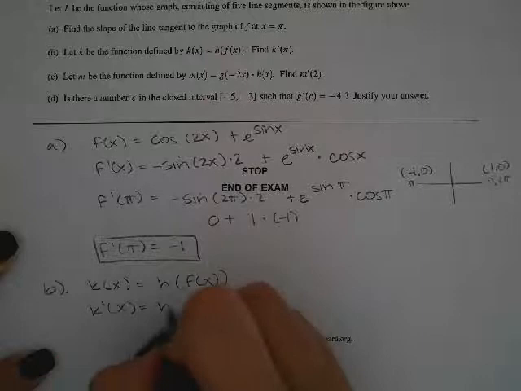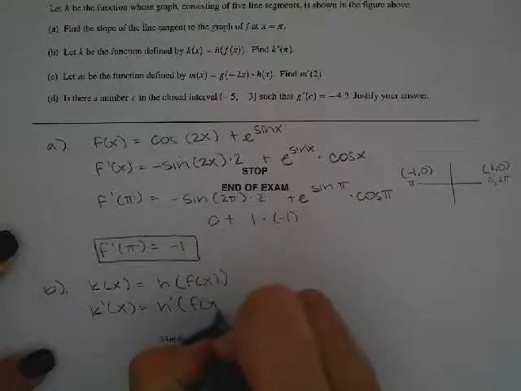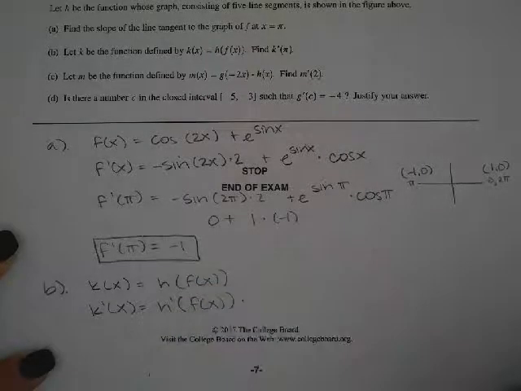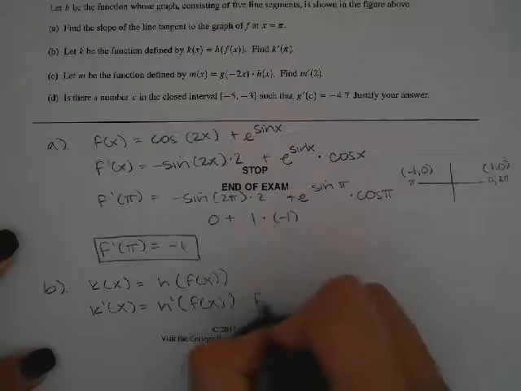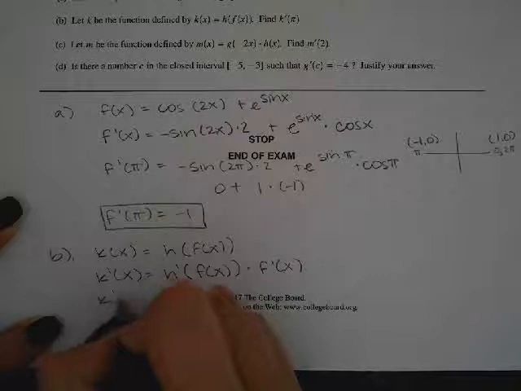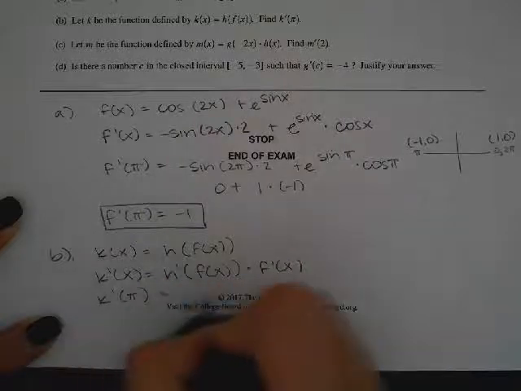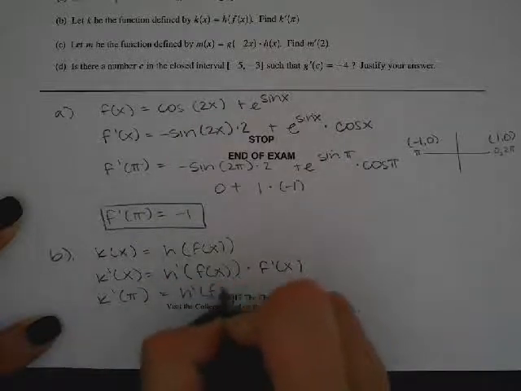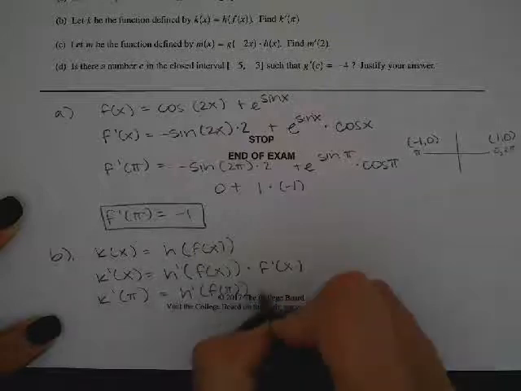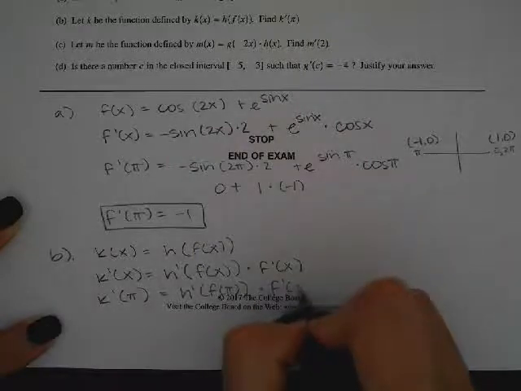So I've got the derivative of the outside, keep the inside the same, because we're doing the chain rule, multiplied by the derivative of the inside. So we have h prime of f of pi times f prime of pi.